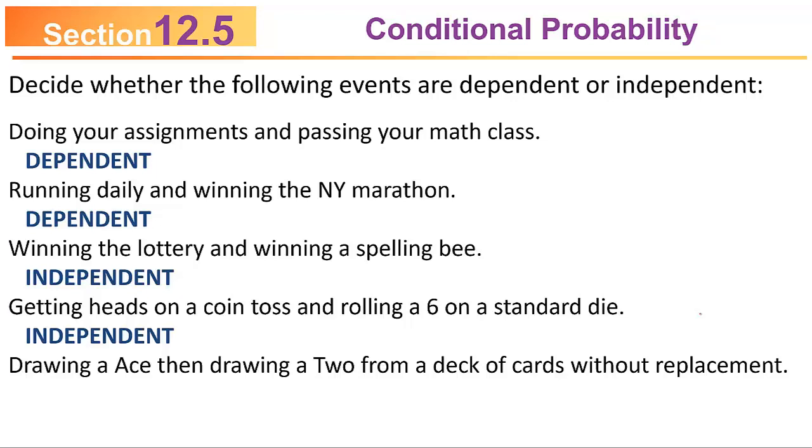There is a dependence there. Drawing that ace out and not putting it back in makes those two events dependent. If you put the ace back in before you drew again, then that would erase the dependence and they would be independent events. These are very important distinctions. You need basically an intuitive idea, but having an intuitive idea is extremely important.